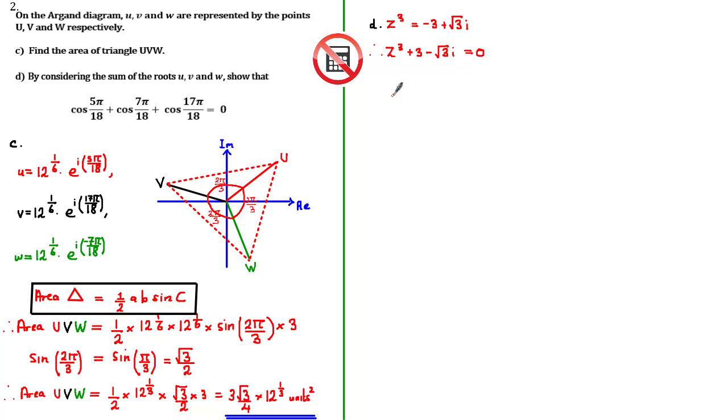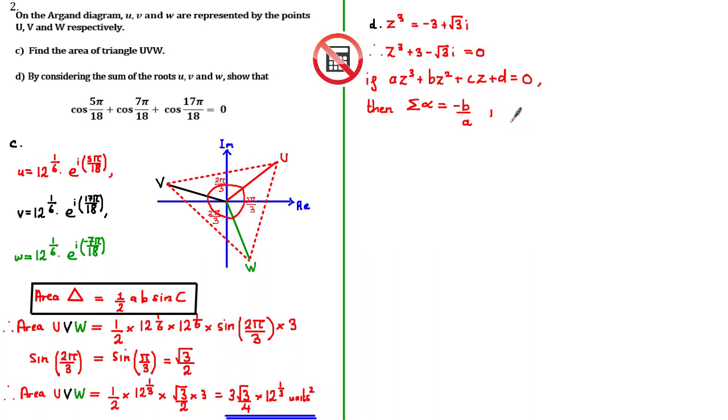Now we've learned from previous tutorials that if we have the following cubic equation of the form az cubed plus bz squared plus cz plus d is equal to 0, then the sum of roots, which we can just call alpha, is equal to minus b over a. Now if you look at this equation, it's just a cubic equation of this form.